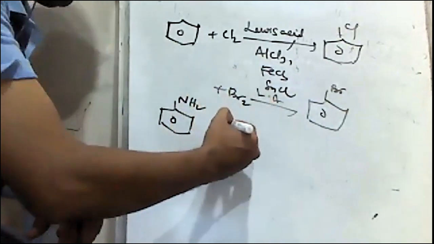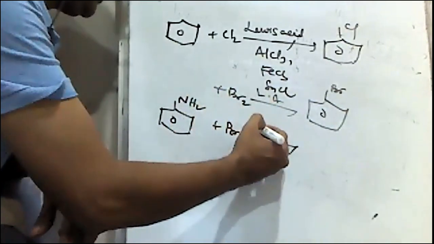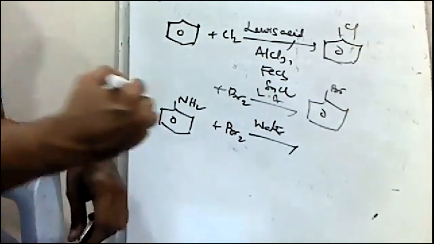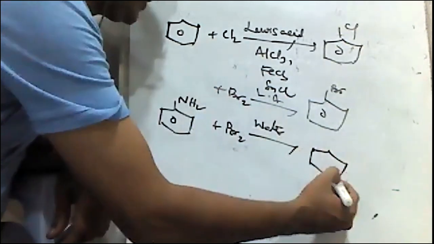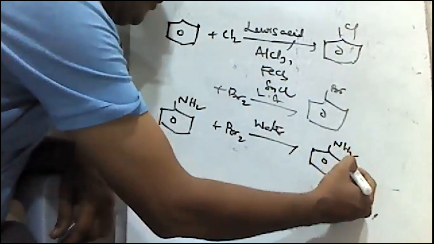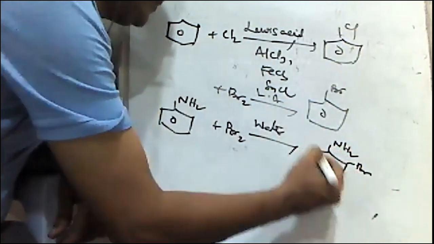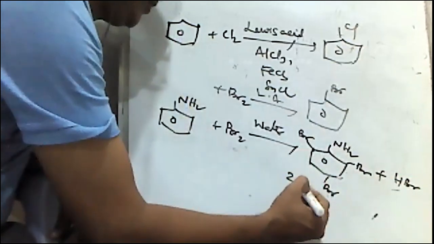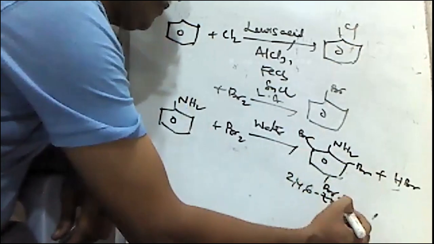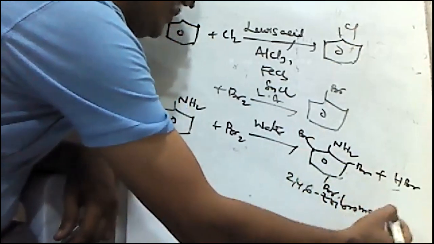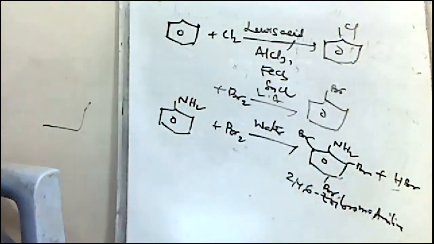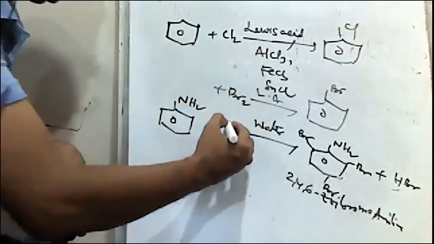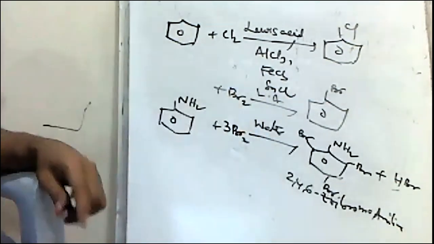But due to the presence of an activating group such as NH2 on the benzene ring, aniline on reaction with bromine water, 3Br2, forms 2,4,6-tribromoaniline.